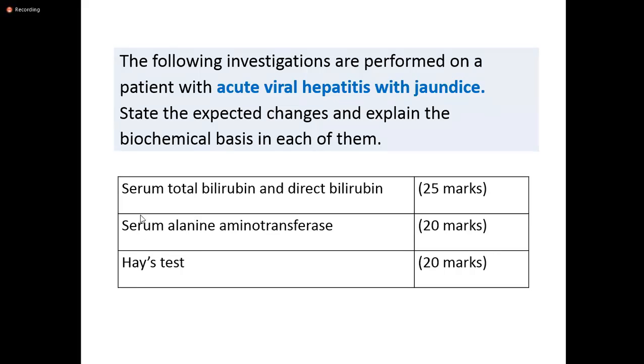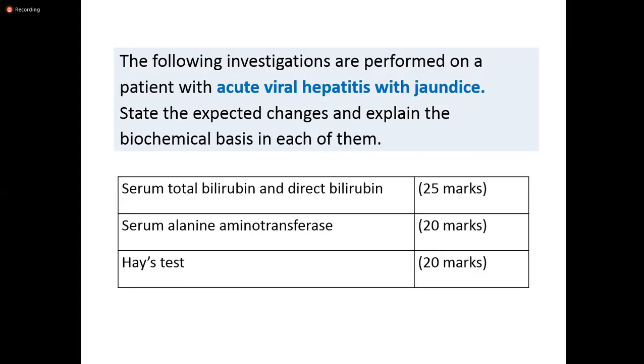Okay. Now, this is a case of acute viral hepatitis with jaundice. We are very clear the patient is having acute hepatitis, inflammation of the liver tissue, and with that, what can happen? There could be cell damage. There is injury to the hepatocytes, and also there is inflammation in the hepatic tissue. These are the two main things that we know.